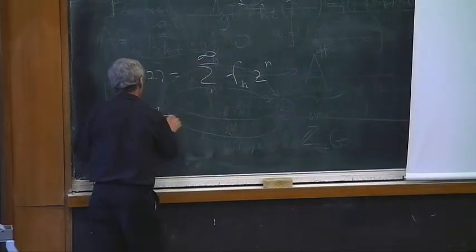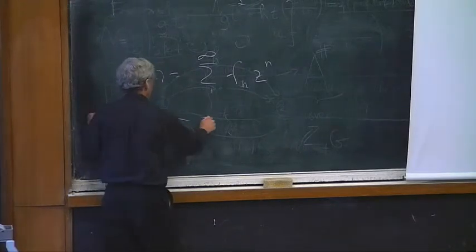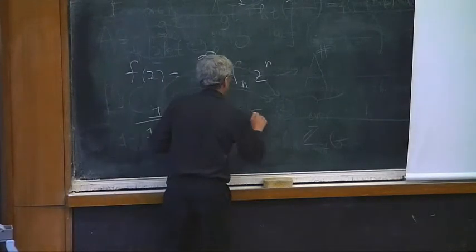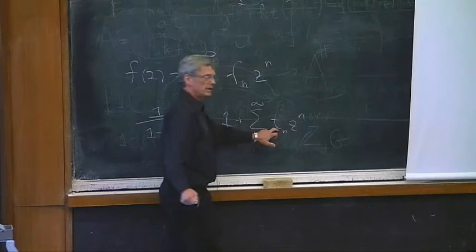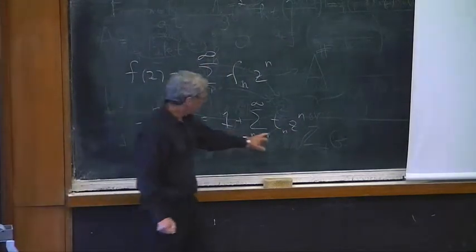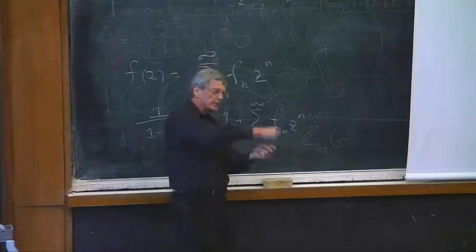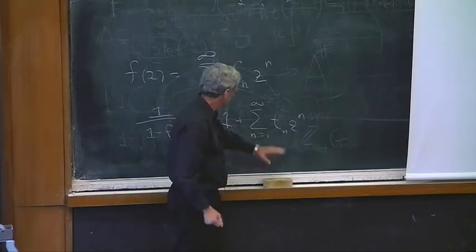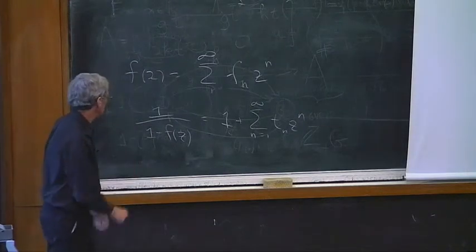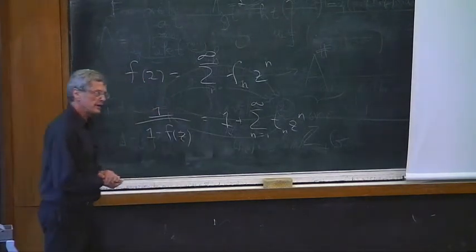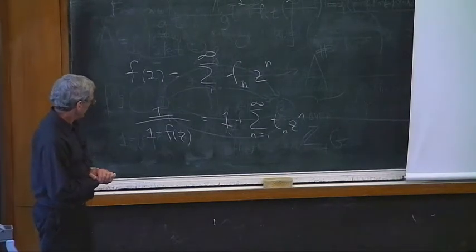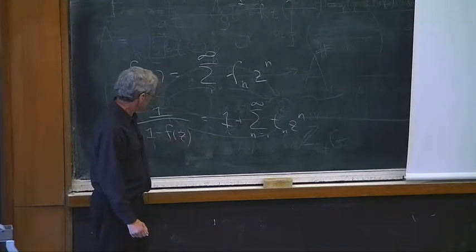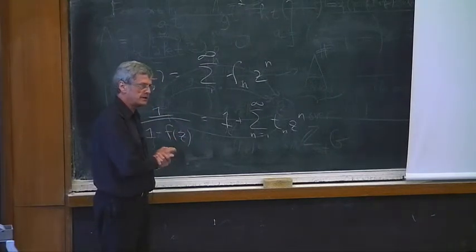And then we had a functional relation, 1 over 1 minus f of z was related to this power series, which we were referring to as t, where t sub n was the number of return loops, not necessarily first return loops, back to the chosen base vertex. And there was this elementary but quite important relation between f and t. These played a central role in this theory of the non-negative infinite matrices.